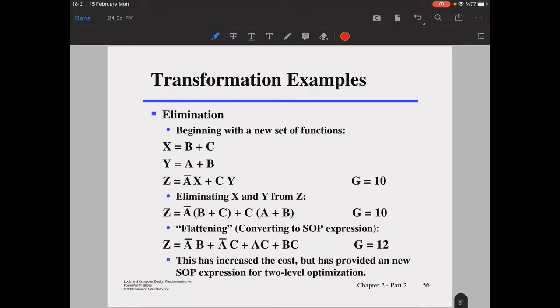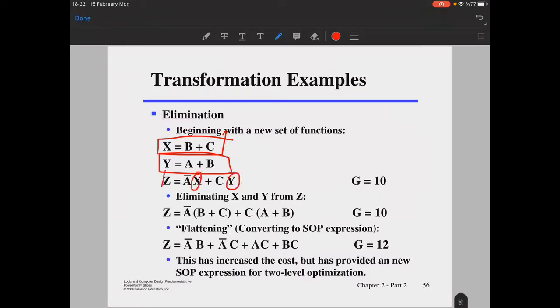Now for the elimination, we begin with a new set of functions. This one is your sub block or sub function. This is also another block, and you put them here, and this is your final output Boolean expression. That's it. Now we first eliminate x and y from z. This is called flattening, collapsing the x here.